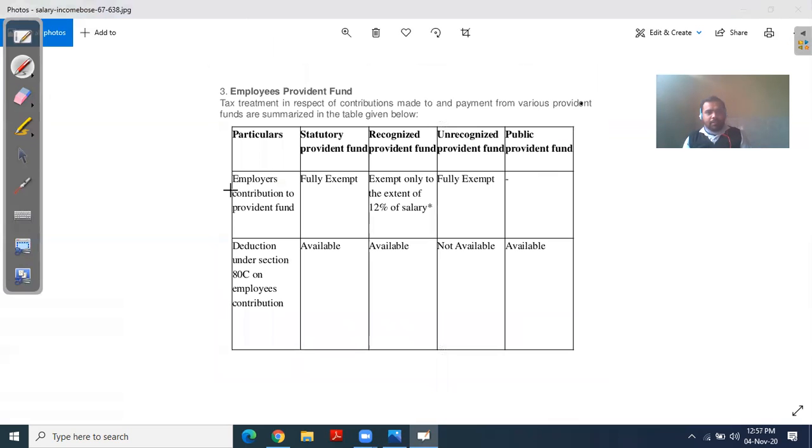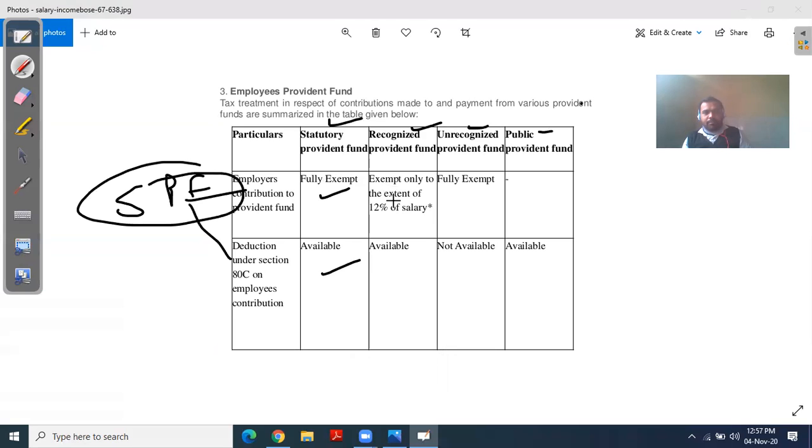These are the other forms: statutory provident fund, recognized, unrecognized, and PPF. Statutory provident fund is fully exempt. Employer contribution to provident fund is fully exempt, and deduction is also available for employees' contribution. It means SPF is best. Recognized provident fund is exempt up to 12% and deduction is available.